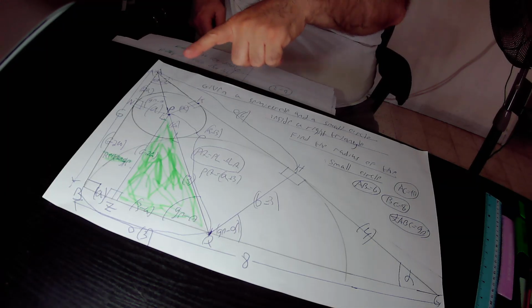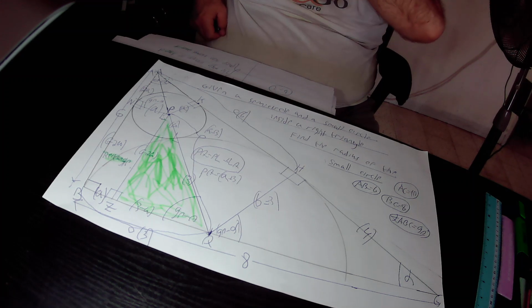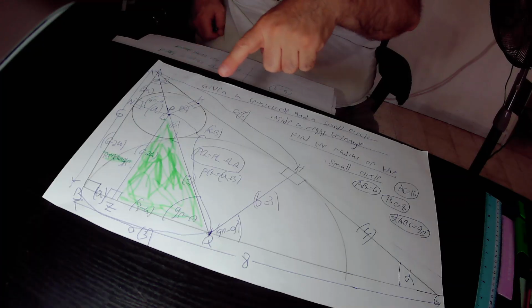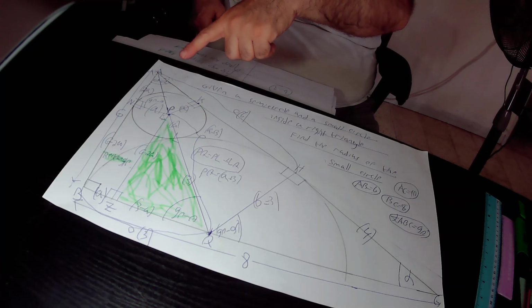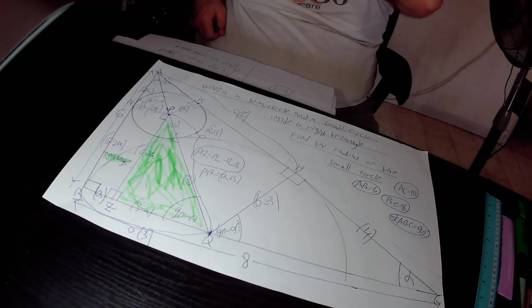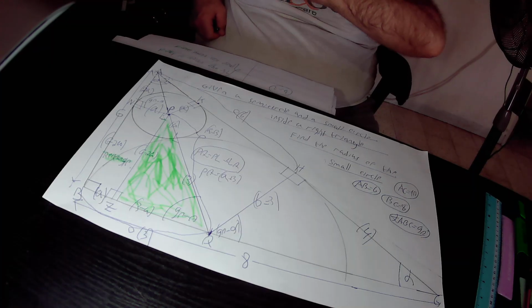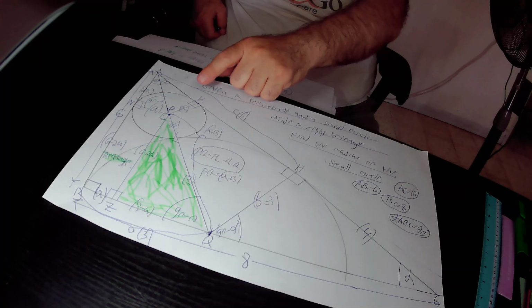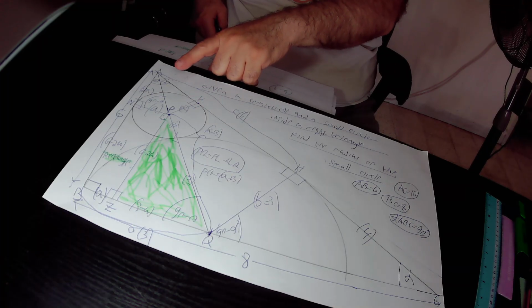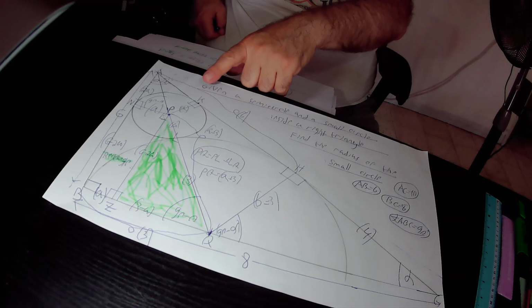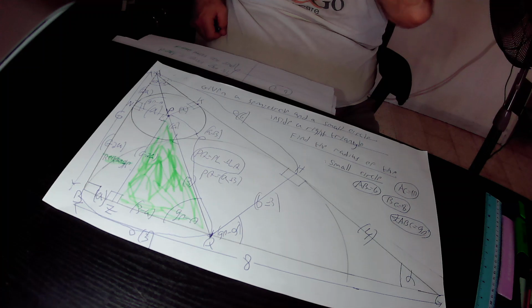Those two tangents AN and AK created this angle, angle A. Again, this angle A was created by drawing the two tangents AN and AK to this small circle. Now, according to rule 15, the angle bisector of this angle A must pass through point P, that is the center of this small circle. Again, the angle bisector of this angle that was created by tangents AN and AK must pass through point P, the center of this small circle.